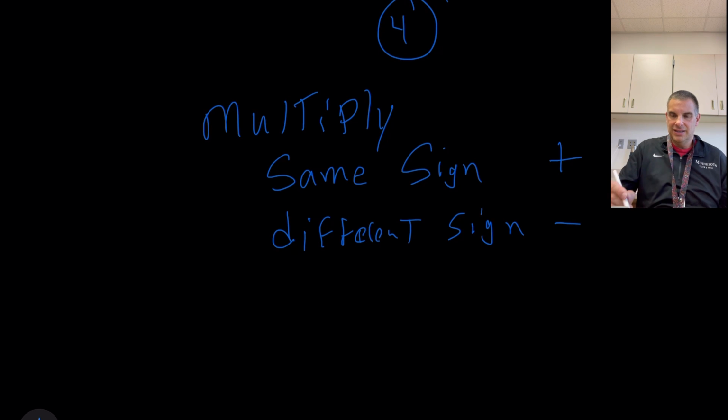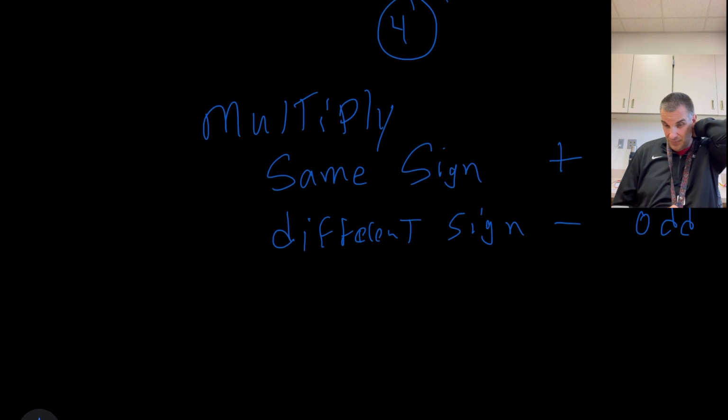And really, this is if it's even, and this is if it's odd. So if you have an odd number of negative signs, it's going to be negative. If you have an even number of negative signs, then it's going to be positive.